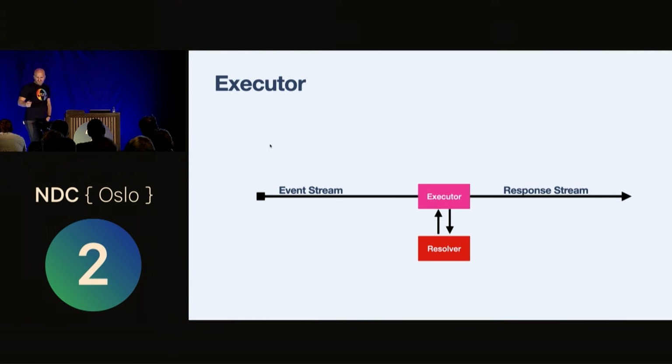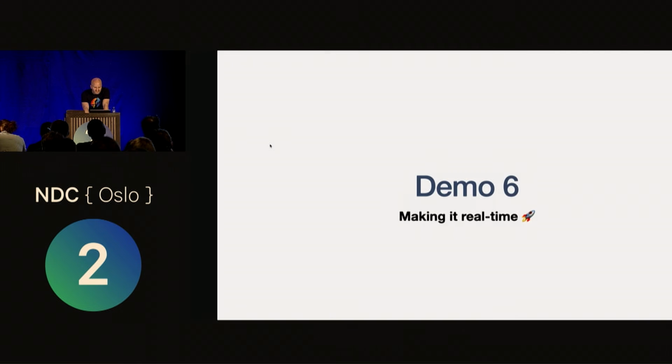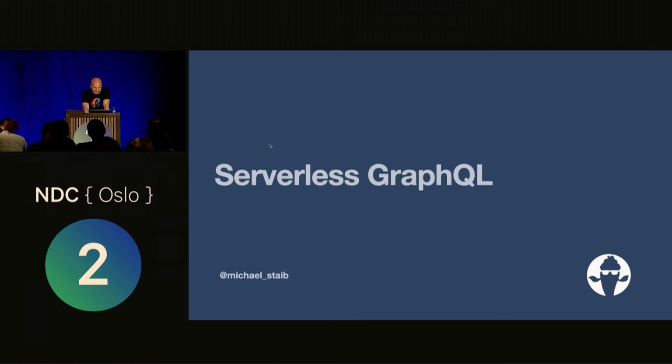And on top of that, we put our executor. And the GraphQL executor, every time there's an event, would run and then execute the query that is requested from us and send that down to our user. Okay, let's have a look at how that actually works.